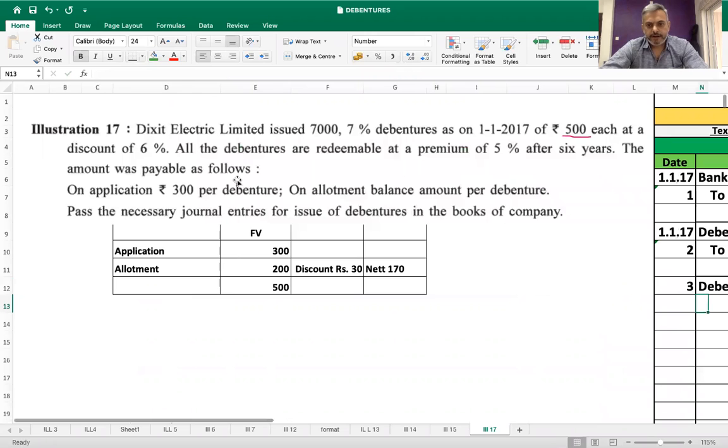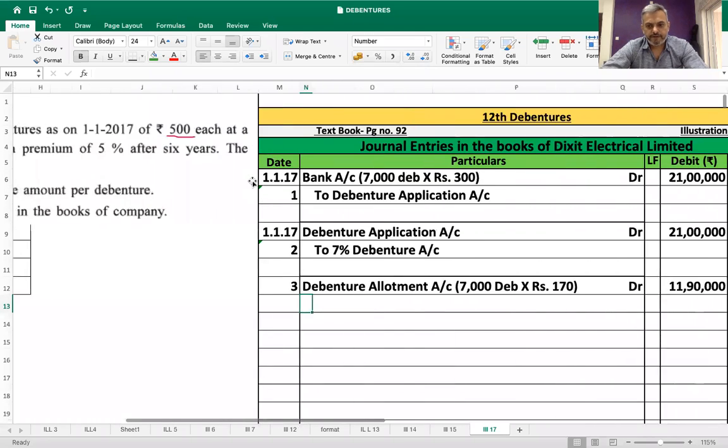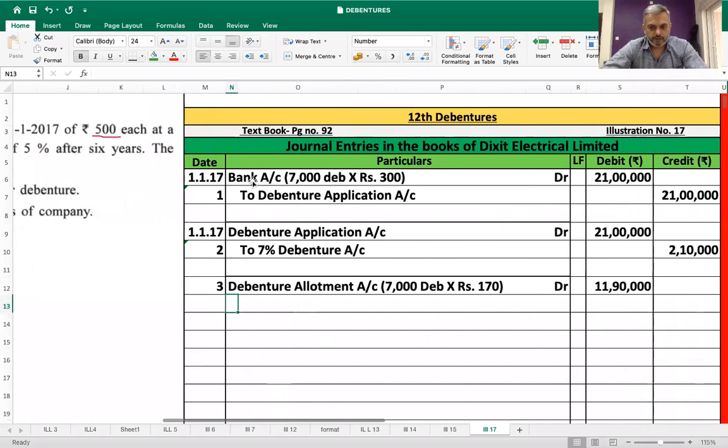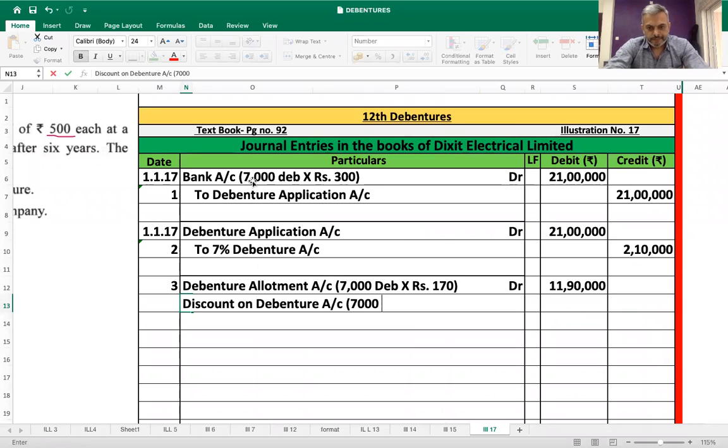Now your debentures are issued at a discount of 6%. So discount on debenture account, 7,000 debentures into rupees 30, 2 lakh 10,000.